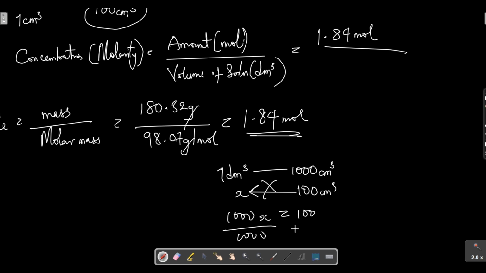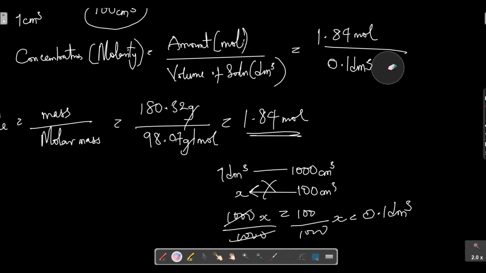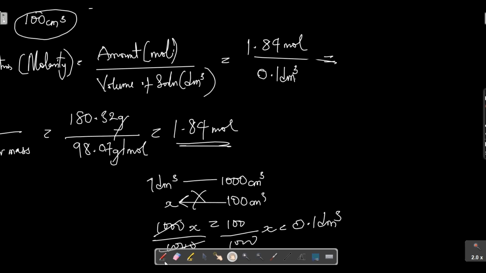When you divide both sides by 1000 to get s, s becomes 0.1 dm cube. So the volume here, we've converted it to 0.1 dm cube.